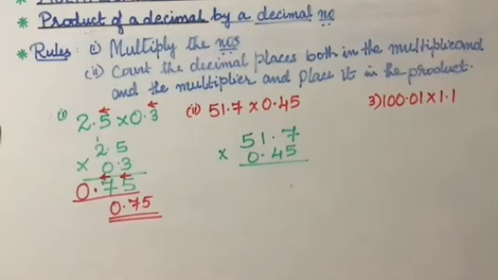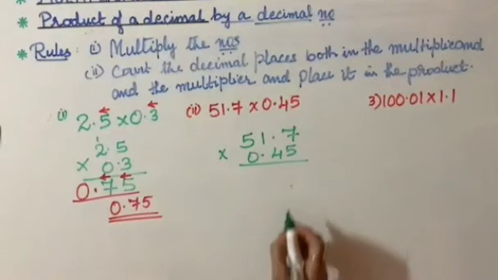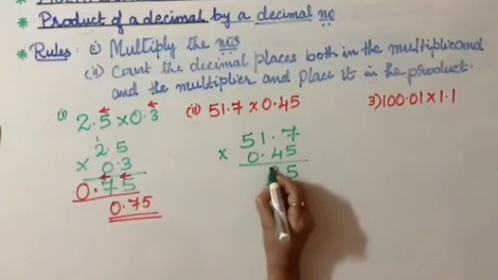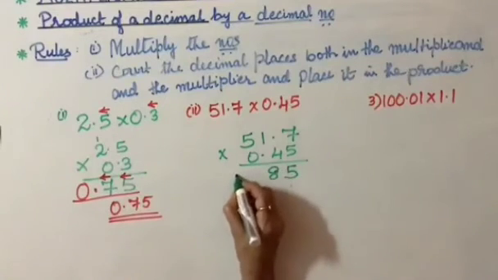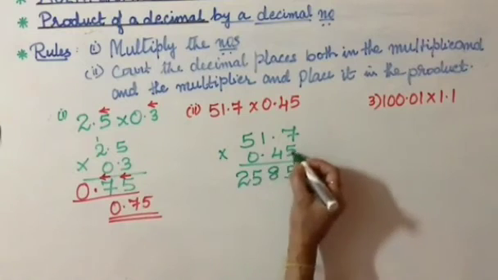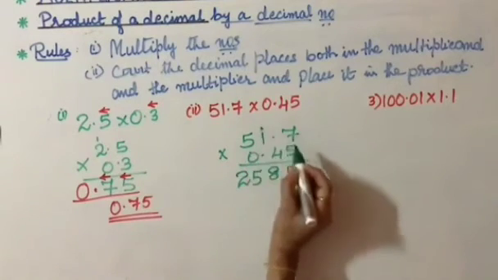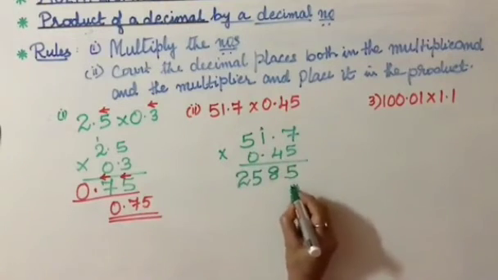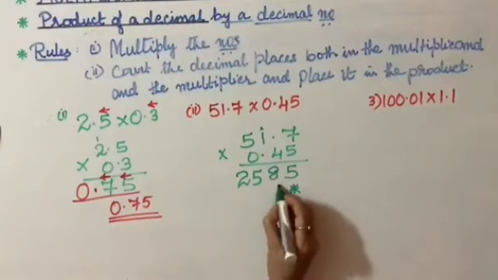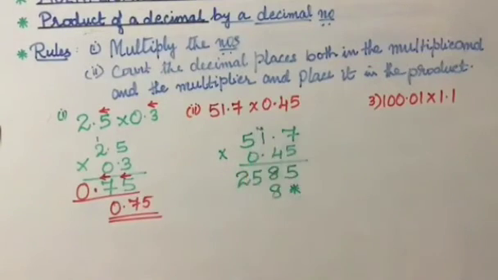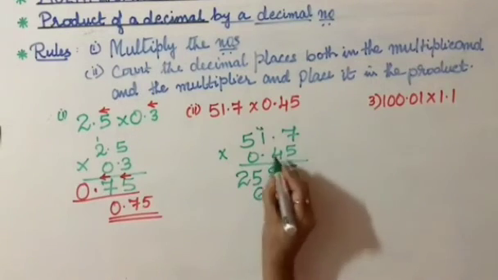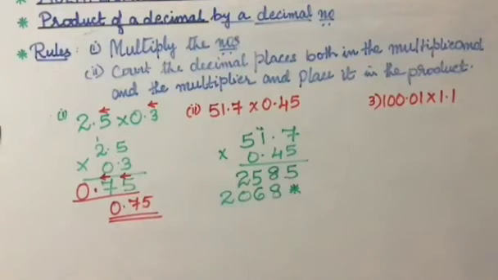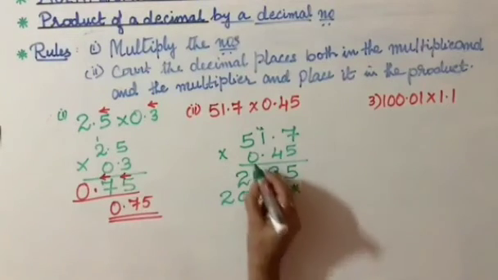First step is 5 sevens 35. Carry 3. 5 ones 5, 8. 5 fives 25. Next, do with 4. 4 sevens 28. Carry 2. 4 ones 4, 6. 4 fives 20. Clear, children?